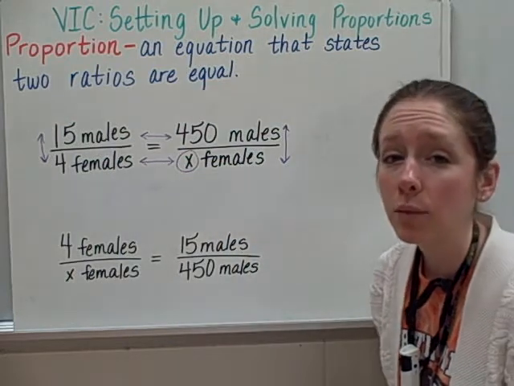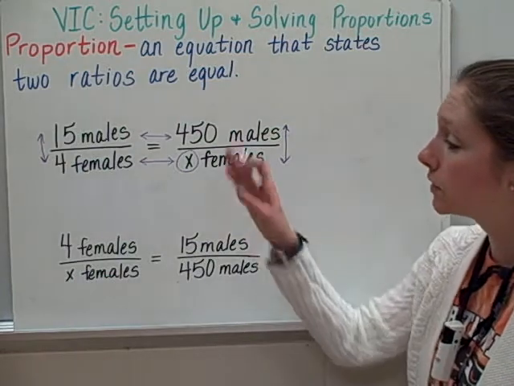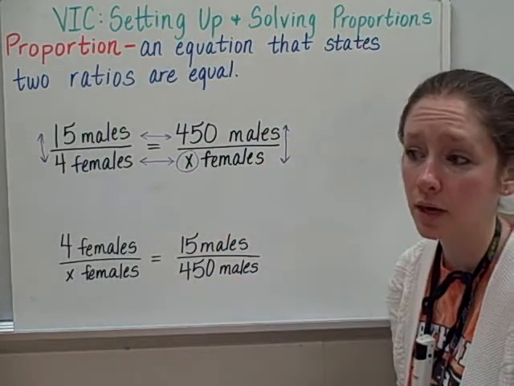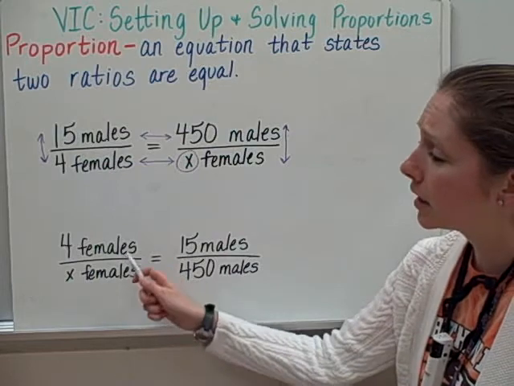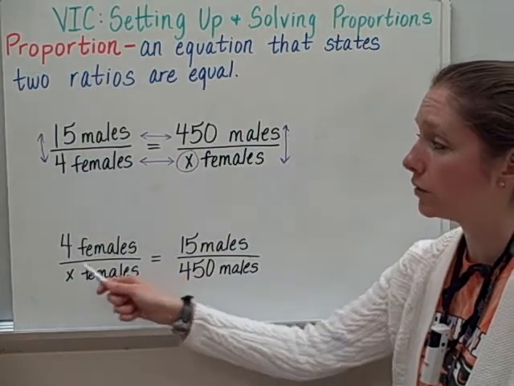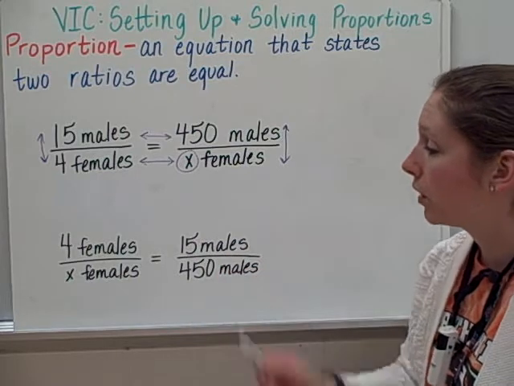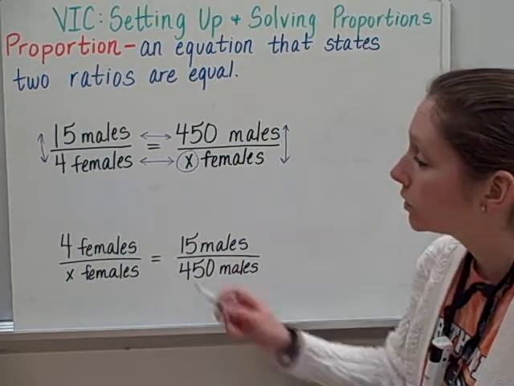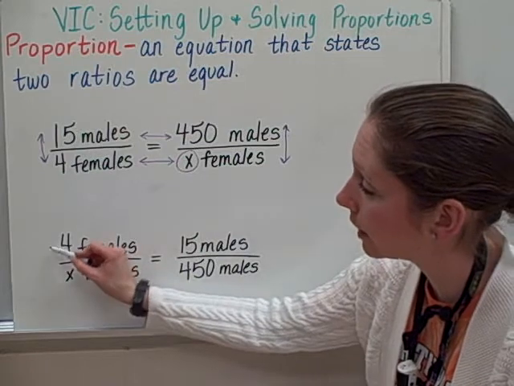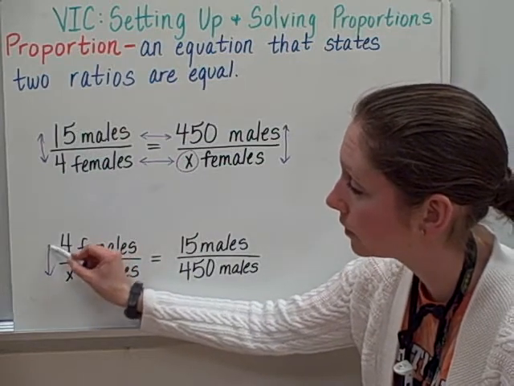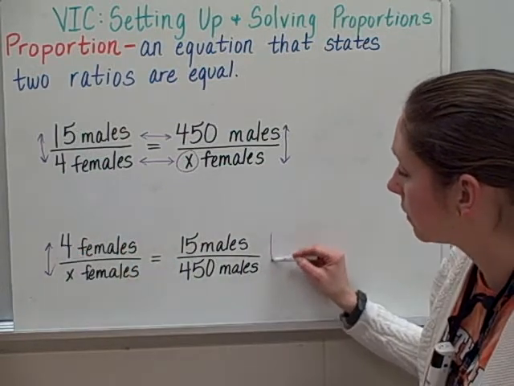Now that's not the only way to set up this proportion. This is another example of a way I could set it up. I could set it up also as 4 females over X females is equal to 15 males over 450 males. So notice I've got females over females. It matches up and down, or vertically.